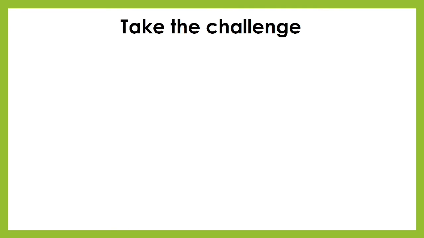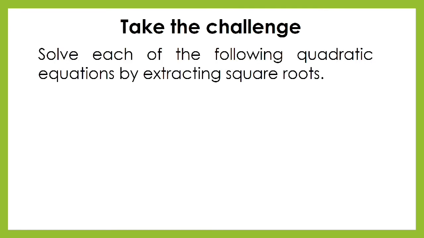And now that you learned how to solve quadratic equations by extracting square roots, I want you to take this challenge. Solve each of the following quadratic equations by extracting square roots. Number 1, x squared minus 144 equals 0. Number 2, x squared plus 6 equals 6.